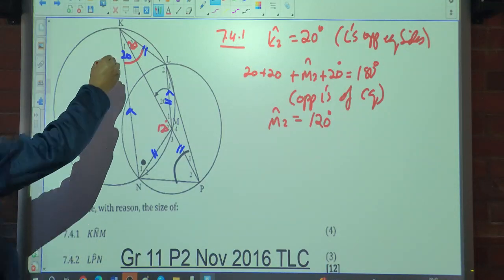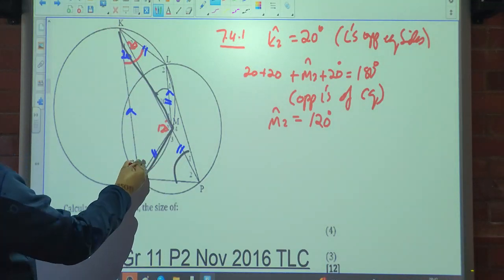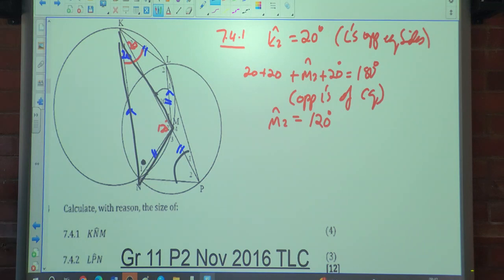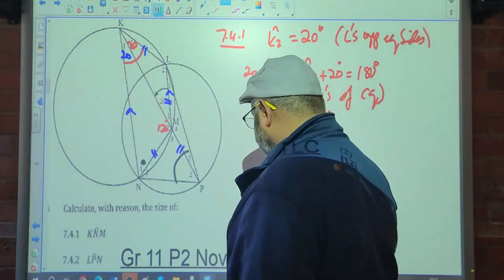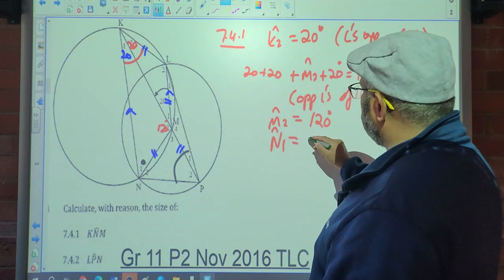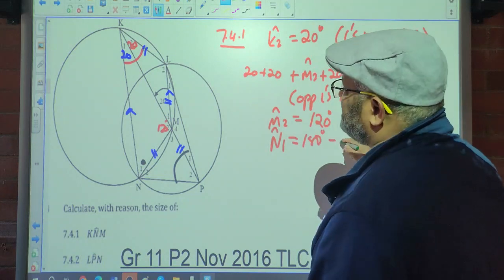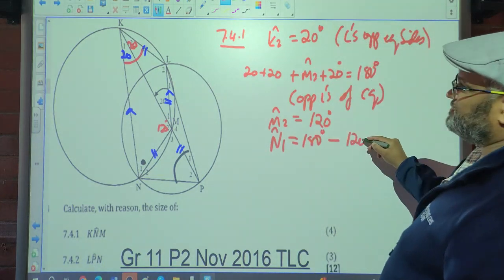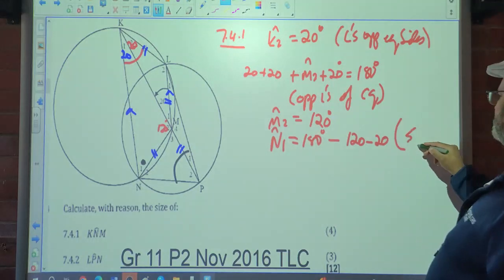So here I can just go sum of triangles. So N1 is equal to 180 minus 120 minus 20. Why?